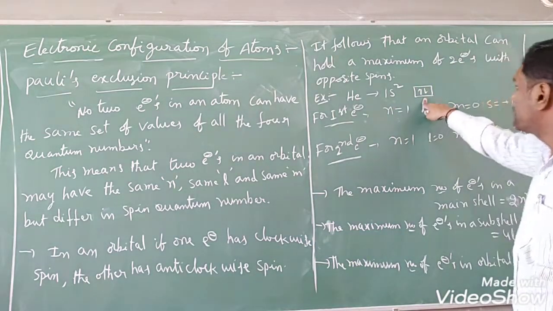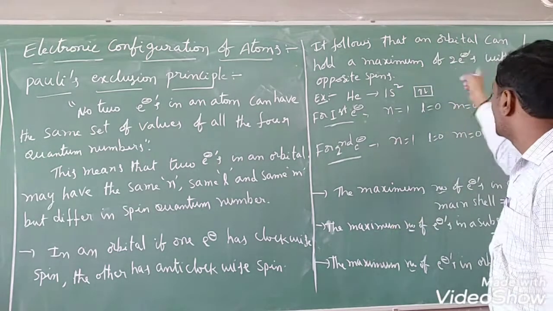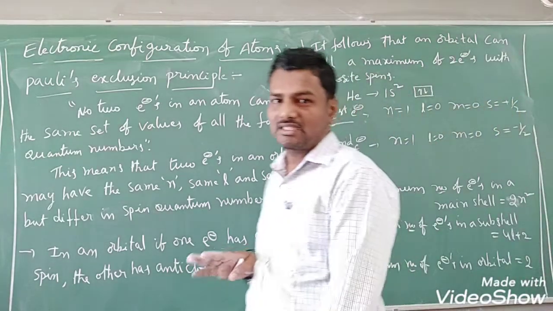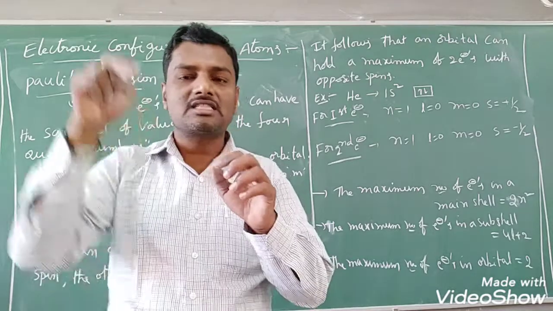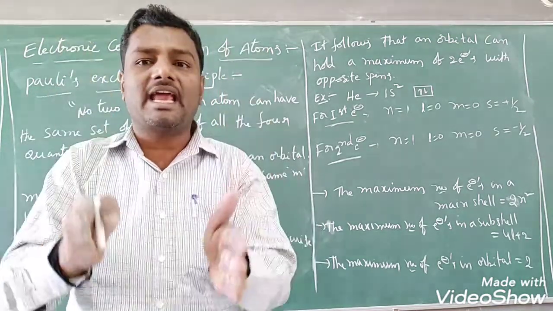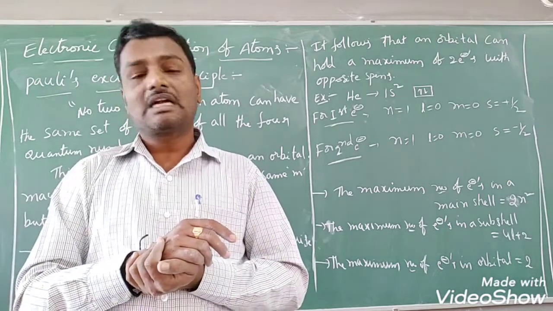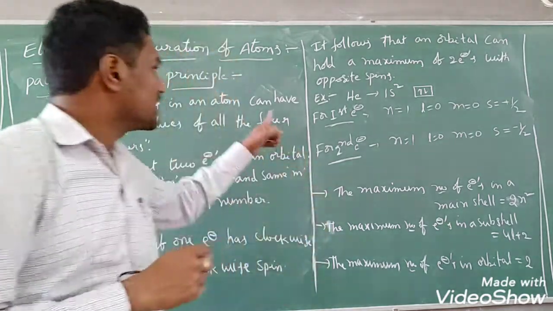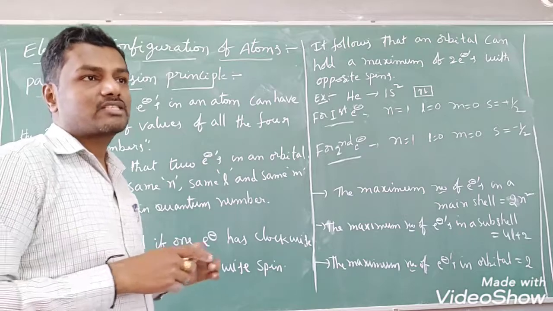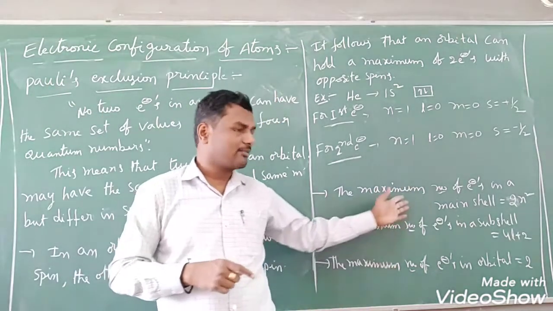That means an orbital can hold a maximum of two electrons with opposite spins. If any two electrons are present in the given orbital, the two electrons should be arranged in opposite directions, students. That is the rule we have. This is nothing but Pauli's exclusion principle.